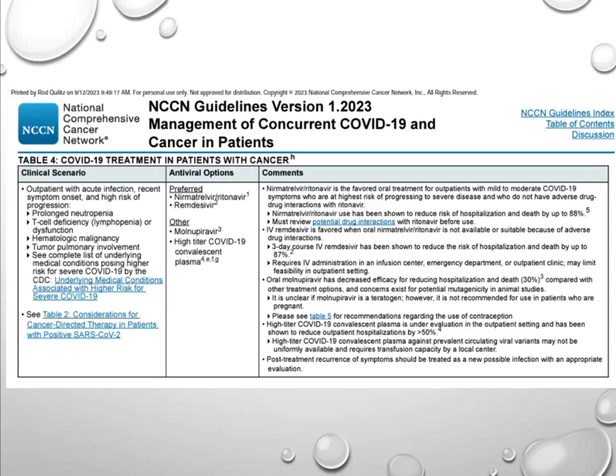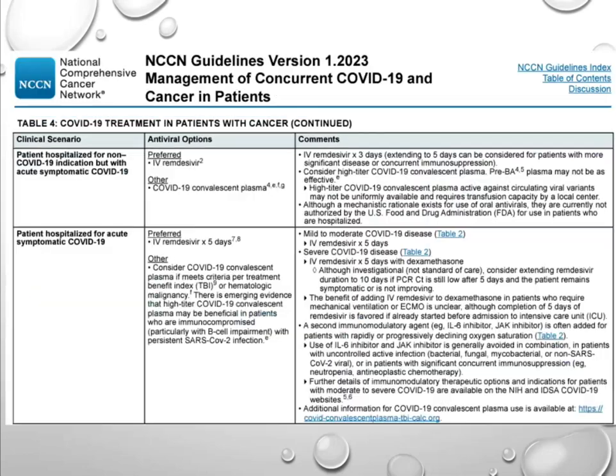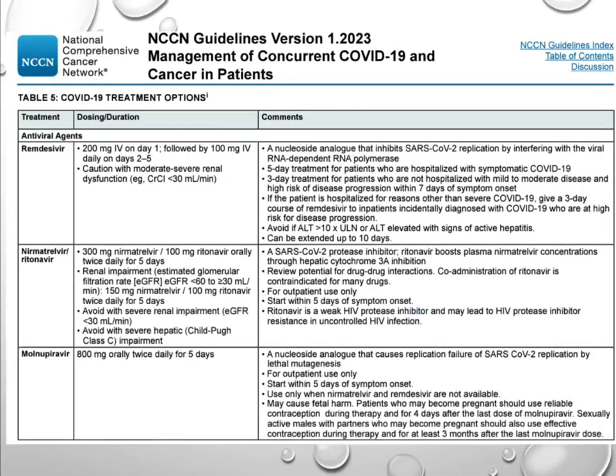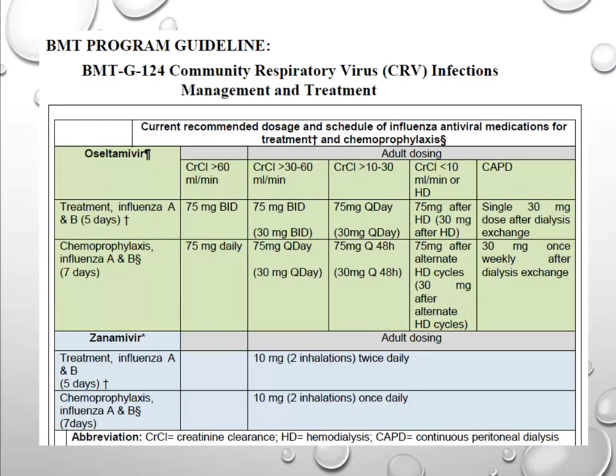Not a lot of excitement about Lagevrio given its reduced efficacy rates. And for treatment of severe disease, we certainly do use remdesivir 5-day in combination with dexamethasone. And for our influenza patients, we use Tamiflu.